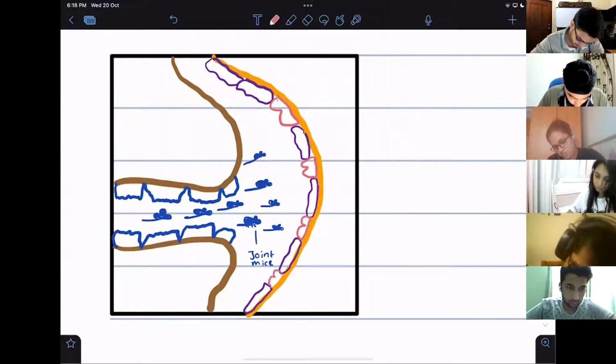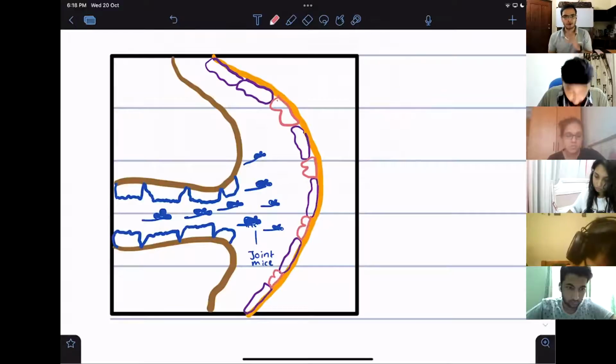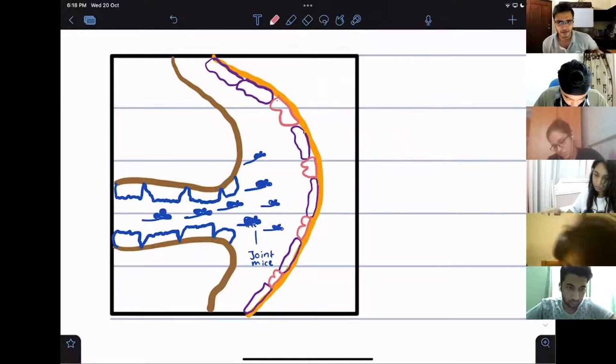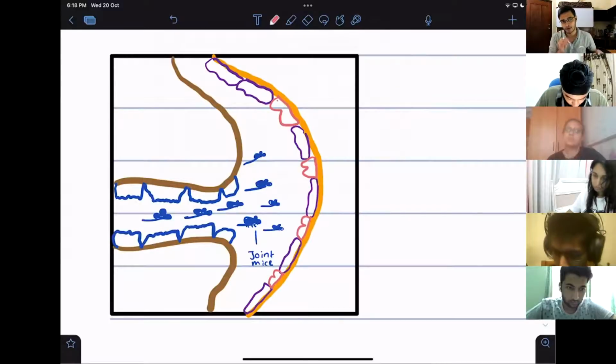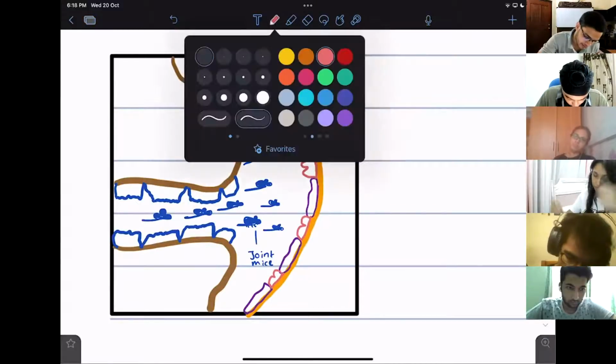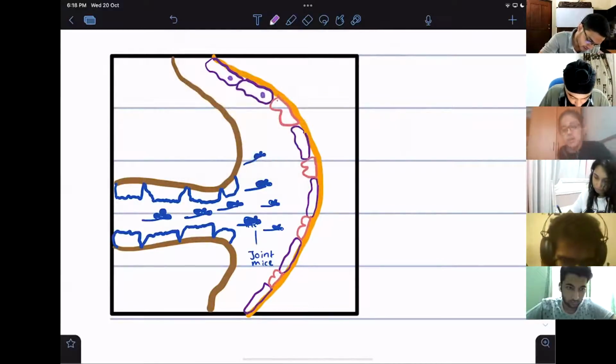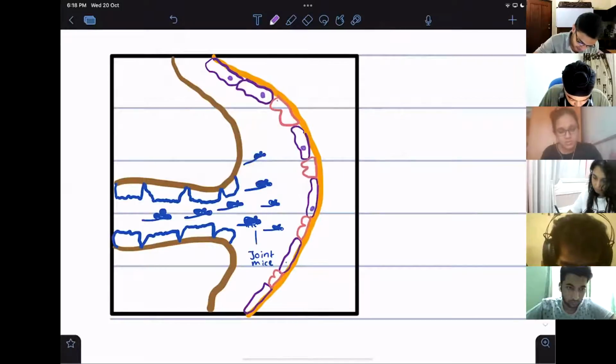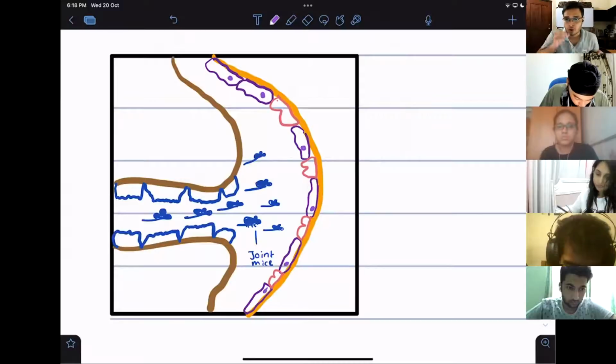Now, which one is responsible to produce synovial fluid, type A or type B? Type B is responsible to produce synovial fluid. Type A, guys, these dark purple fellows that I have drawn, what did we say? They are derived from monocytes. They have a monocytic derivation, so they have phagocytic-like functions.